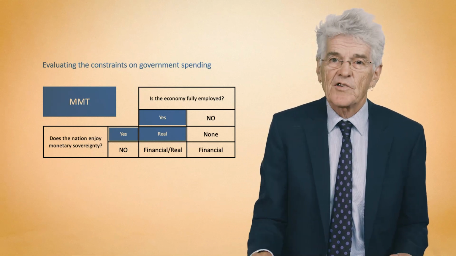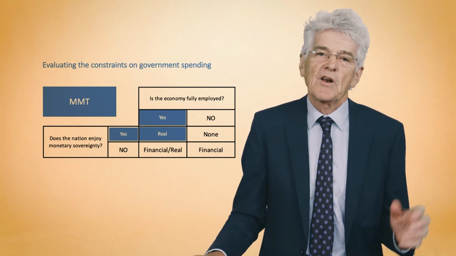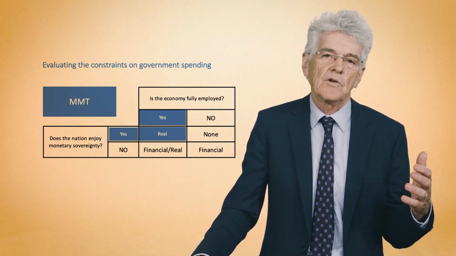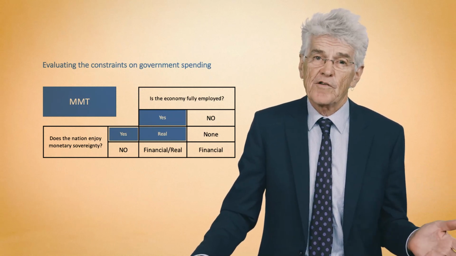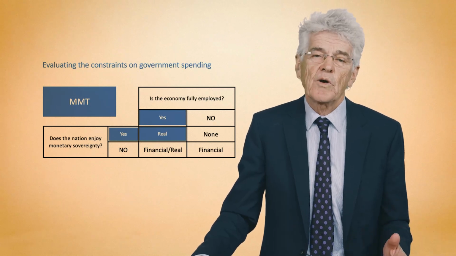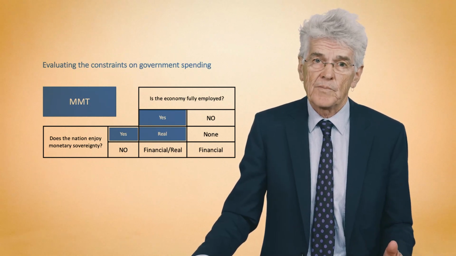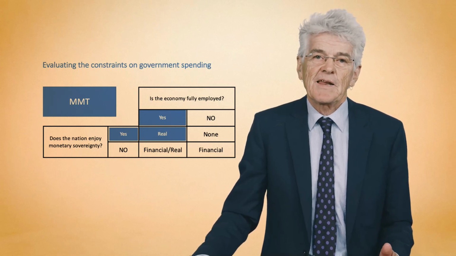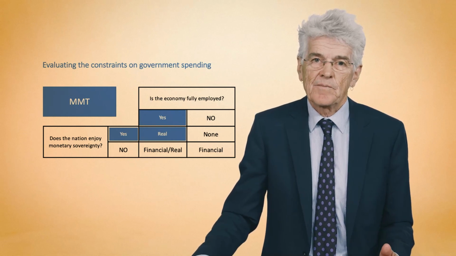So here we've got an example. We've got a country like Australia or Japan or Britain or the United States that's fully sovereign in its own currency, and it encounters a situation where it's currently at full employment. So the question is, what are the limits on government spending in that scenario?